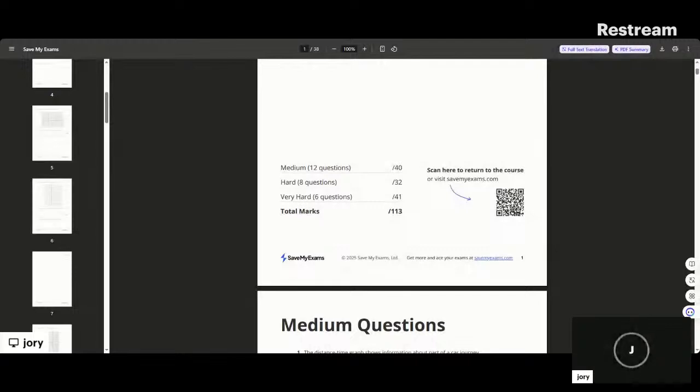So 80 plus 16 plus 6 divided by 19 gives you 5.36. That's not the right answer.